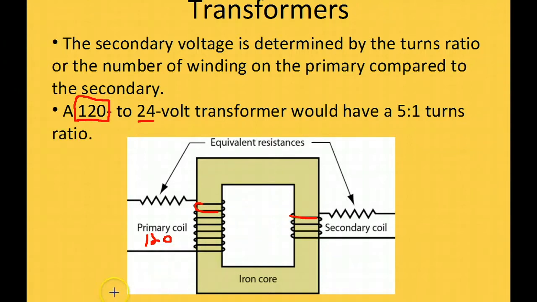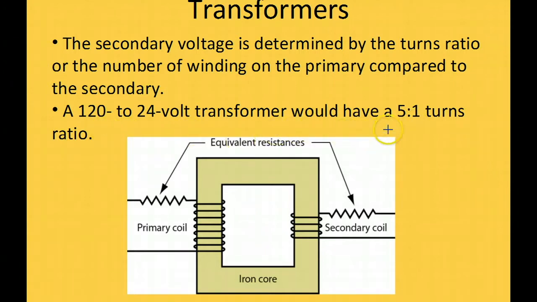And if we have a transformer that has a 10 to 1 turn, it's going to reduce the voltage by 10. So it would be a 12 volt transformer. If it was a 2 to 1 turn, it would be a 60 volt transformer.